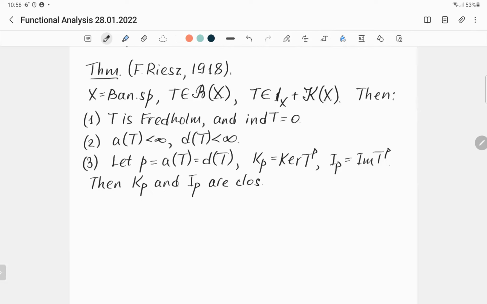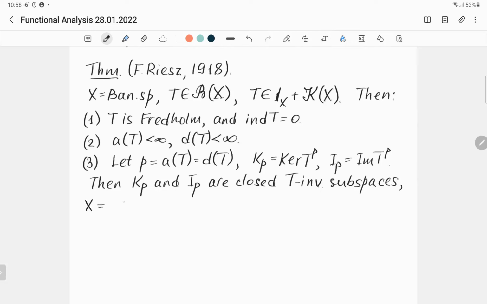Closed is also essential. Well, it's clear that the kernel is closed. The kernel of any bounded operator is closed, but the image is not always closed. So the statement that Ip is closed is quite interesting here.